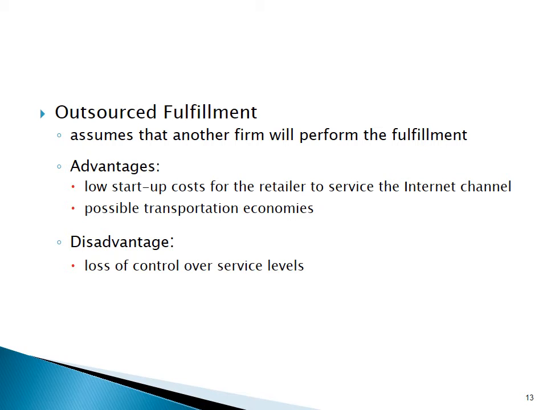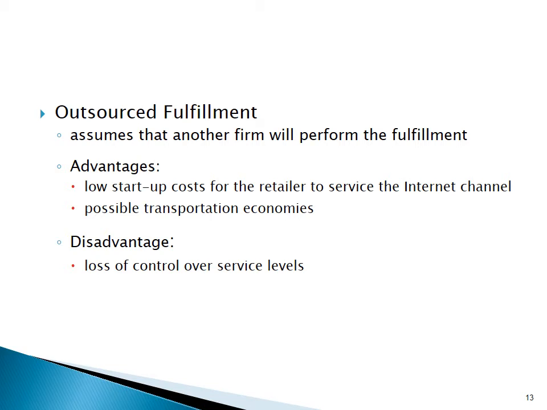Outsourced fulfillment. This is very similar to the one we have discussed so far, very much like the dedicated fulfillment. The only difference is the second retail distribution center is not owned by the company. It is owned by an outsourced distribution company.